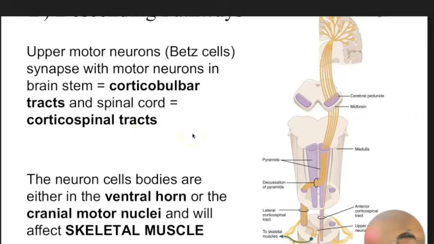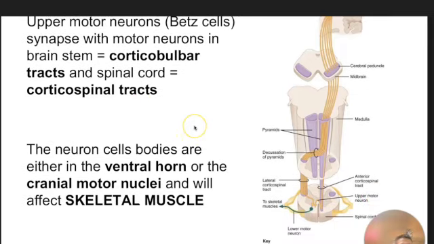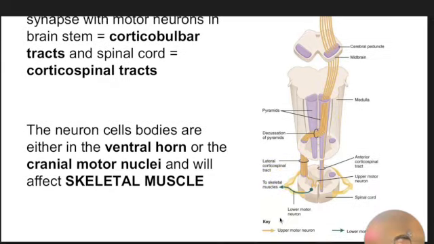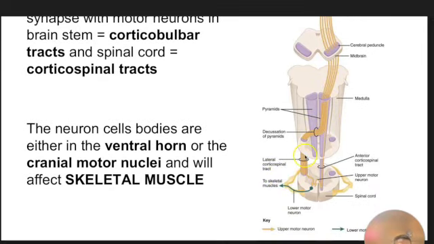So let me explain this to you. Here's the medulla. It crosses over here, and then up. Remember the back, that's for sensation, and then it goes up.